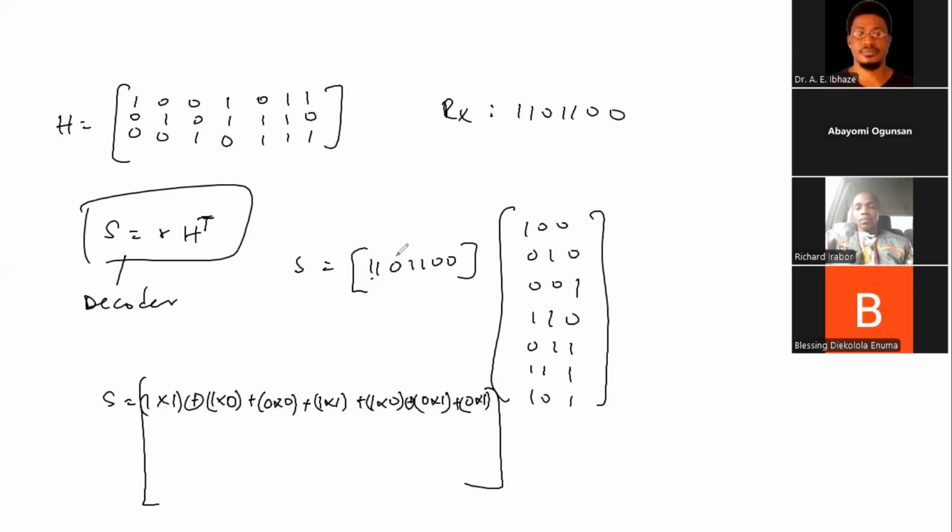So that's the first row times the first column.